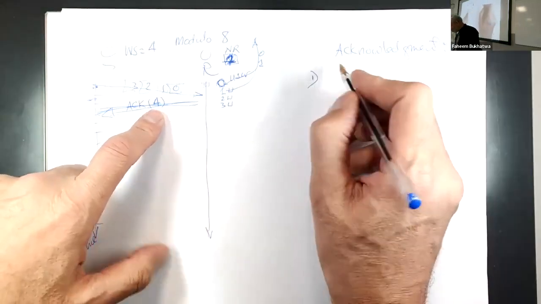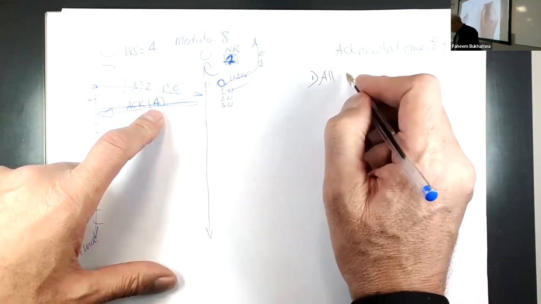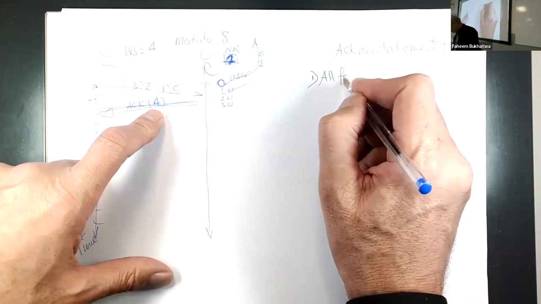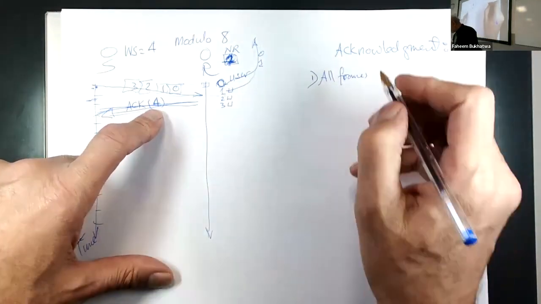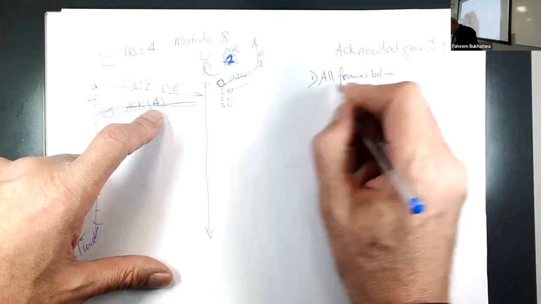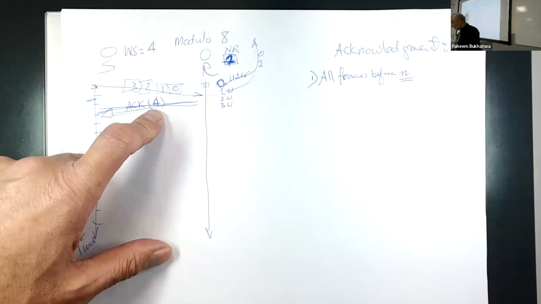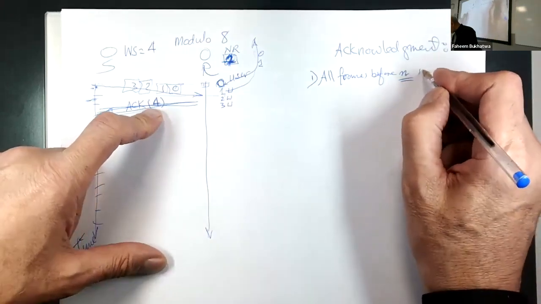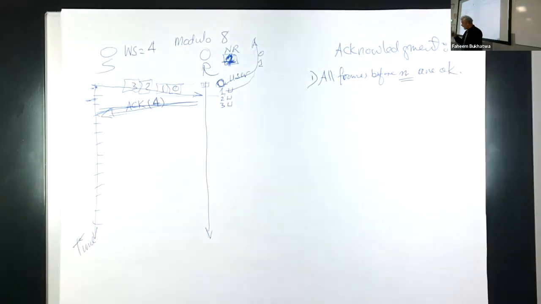It means all information, all packets or frames or datagrams or whatever, I'll write frames now, all information you sent me before this number, which is N, is okay. So all packets before 4 are okay.